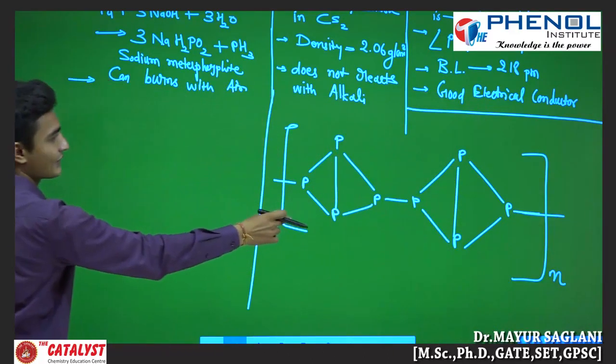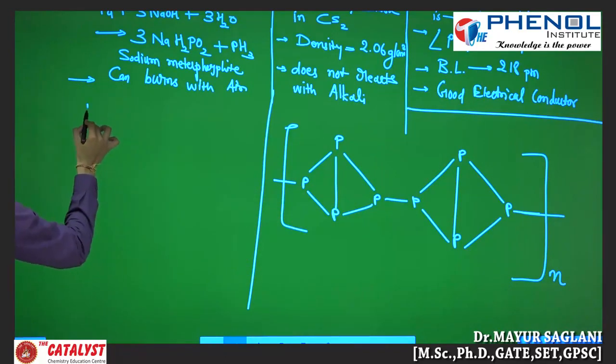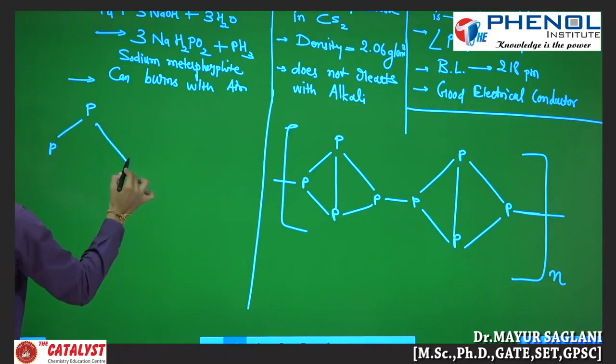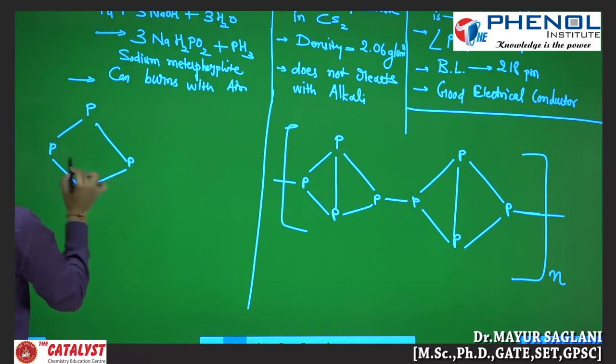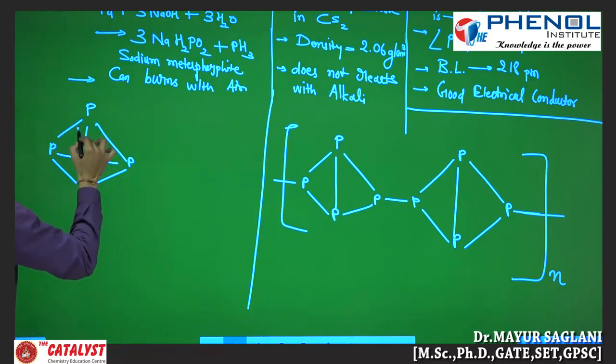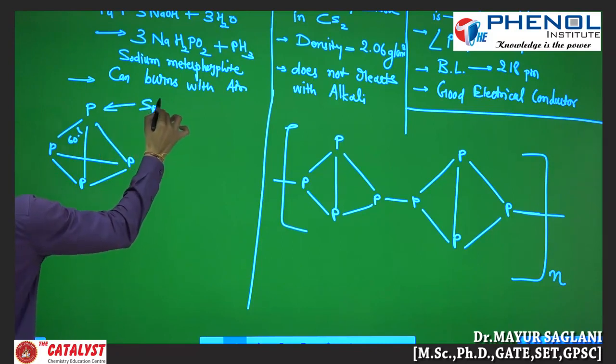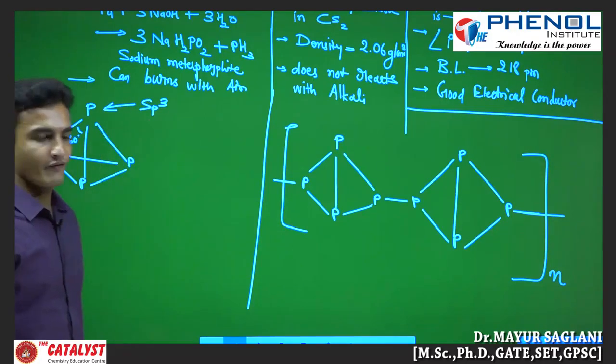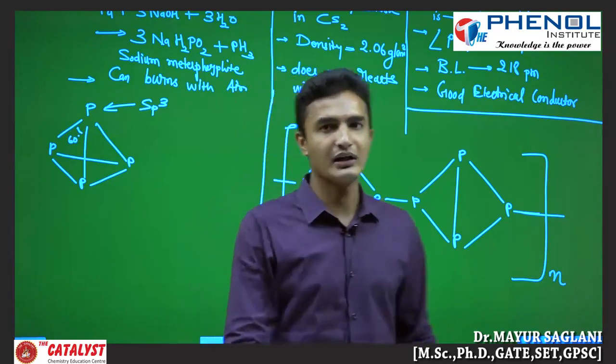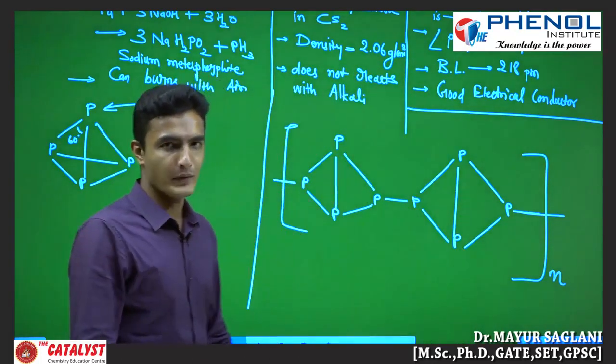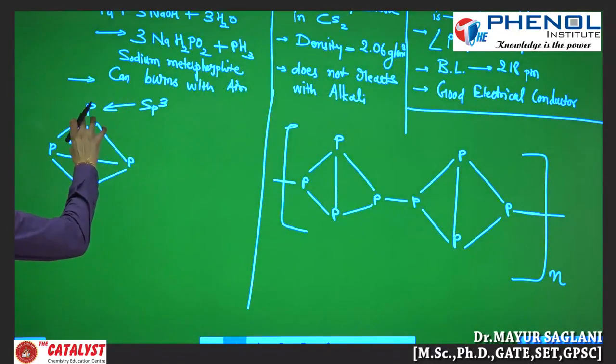Fine. So this one is the structure of red phosphorus, and right now I am writing here white phosphorus, which is comparatively less stable. Why? Because bond angle is just 60 degrees. This phosphorus is sp3 hybridized, and you people know if there is sp3 hybridization, then bond angle should be 109 degrees 28 minutes, but there will be more bond strain.